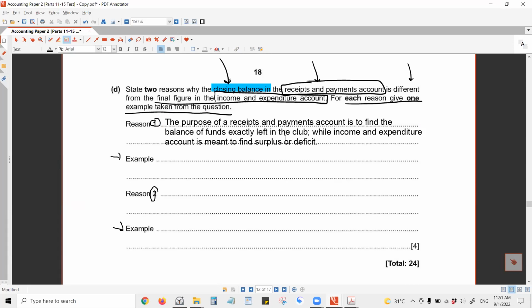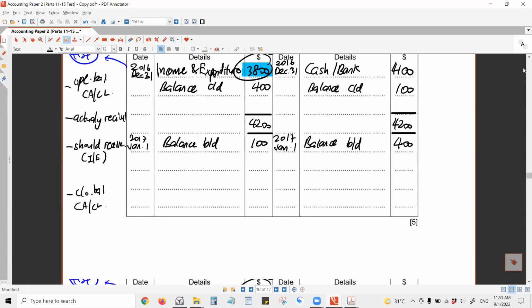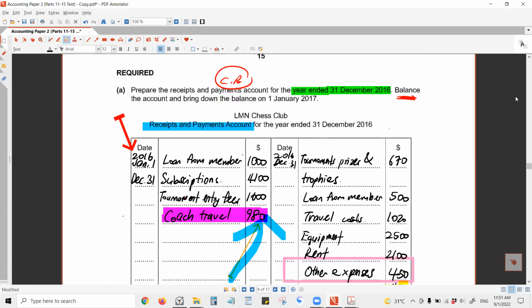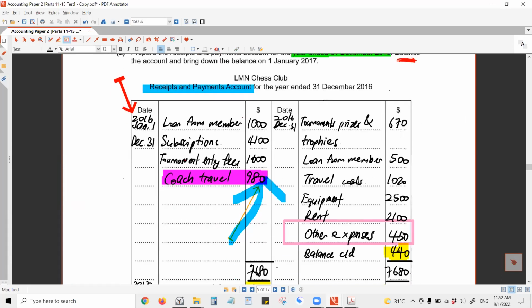So to give an example, you have to talk about something that appears in the receipts and payments account, but does not appear in the other. Okay, for example, if you see one of the earlier pages, is there anything that appears in the receipts and payments account but does not appear in the income and expenditure account?